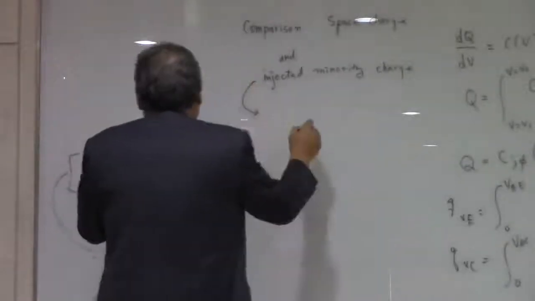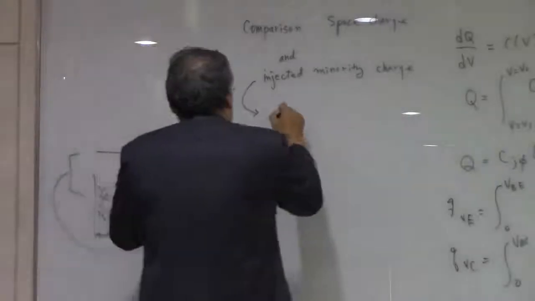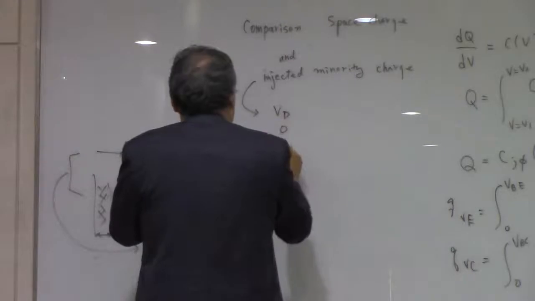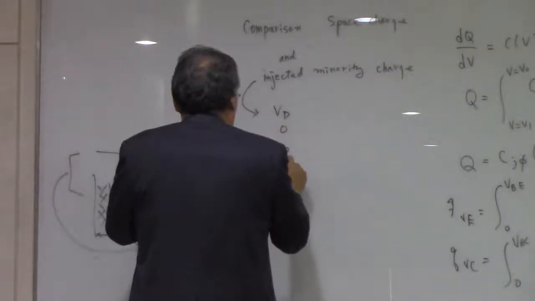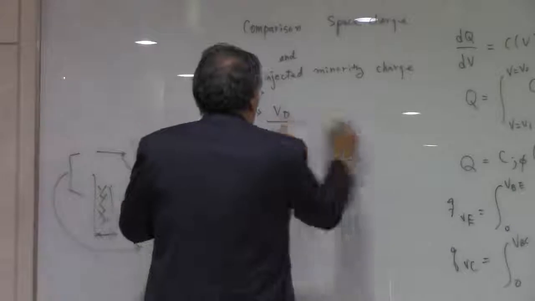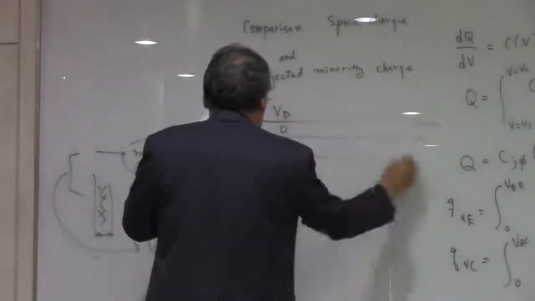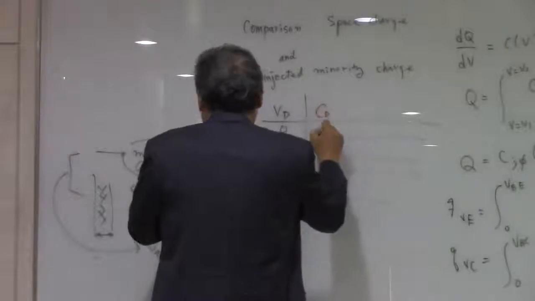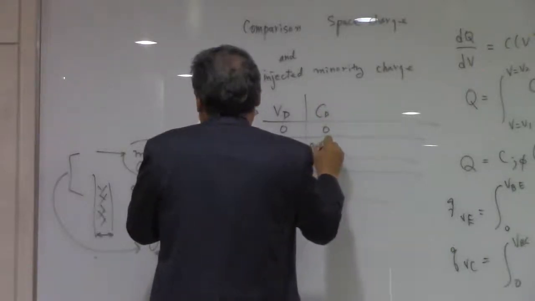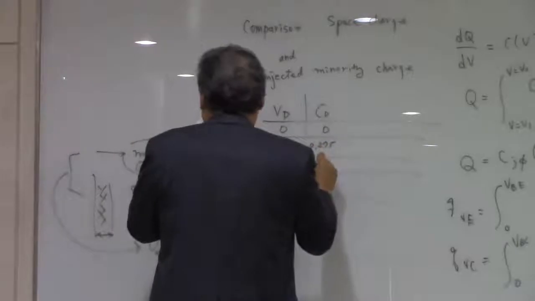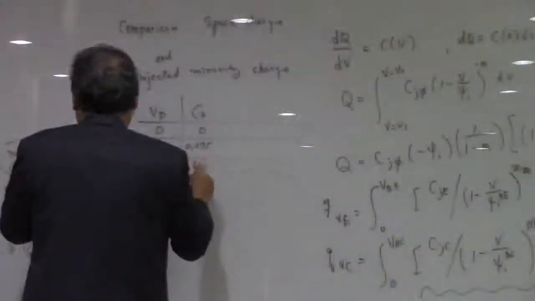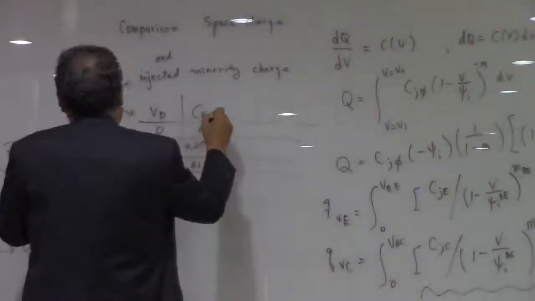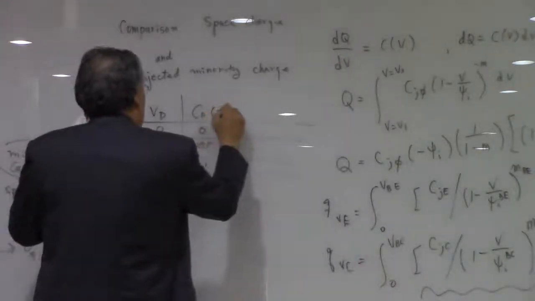For the injected minority carrier case, I will just give you the numbers. VD: 0, 0.2, 0.4, 0.6, and the capacitance turned out to be 0.275, 621, 1403 femtofarads.